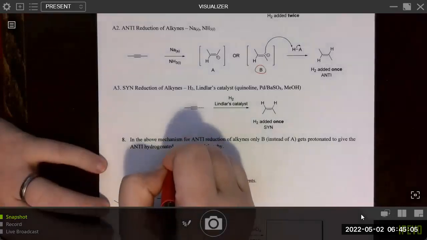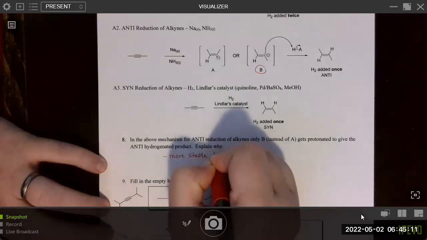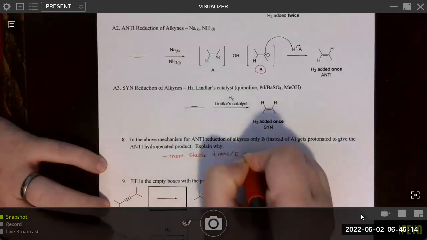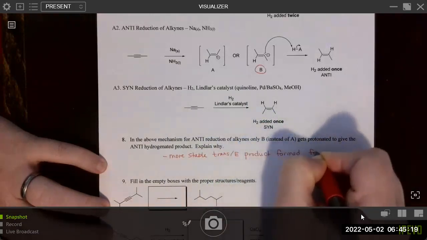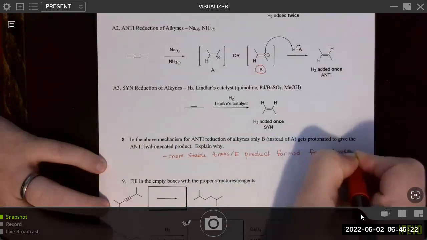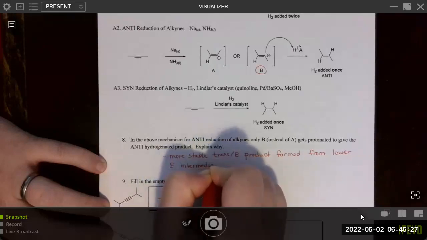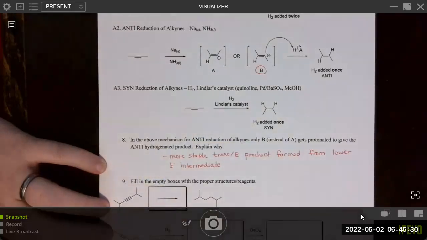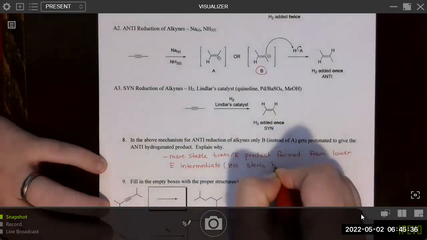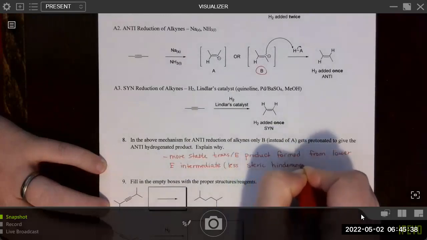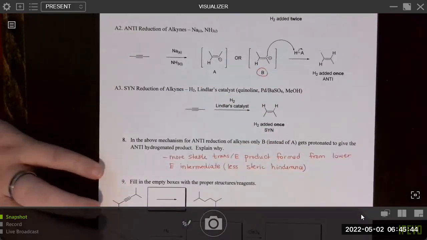So it's the more stable trans product formed from lower, okay, less steric hindrance. Right, these methyl groups opposite one another are definitely going to be less sterically hindered.